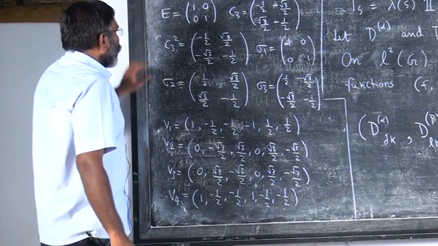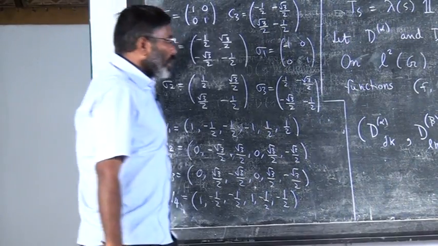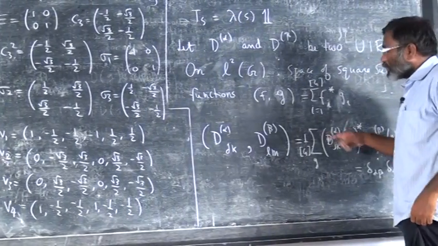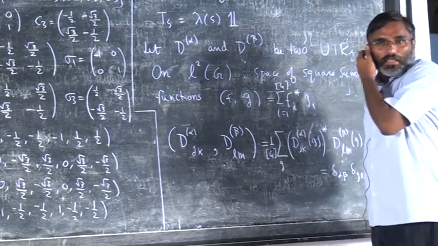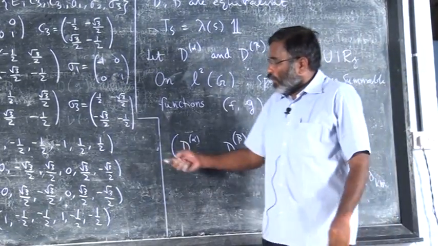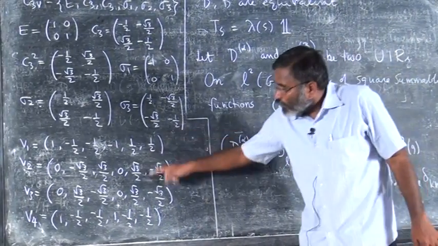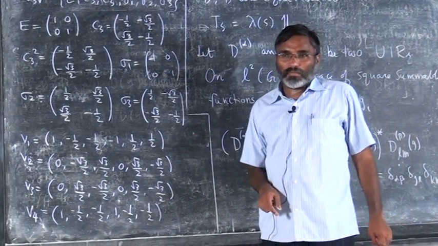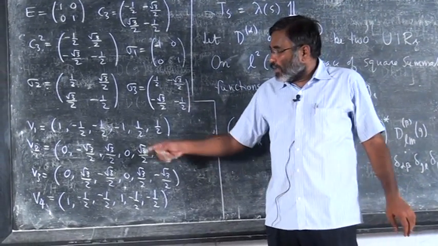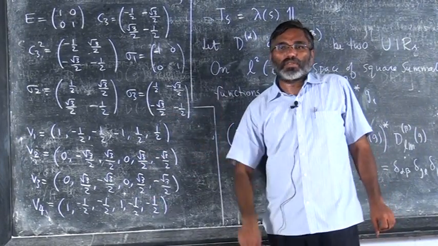This is one representation. In this case, alpha is equal to beta, because everything is only one representation here. But what this orthogonality tells you is that these vectors are orthogonal to each other. Vectors are among themselves orthogonal to each other.